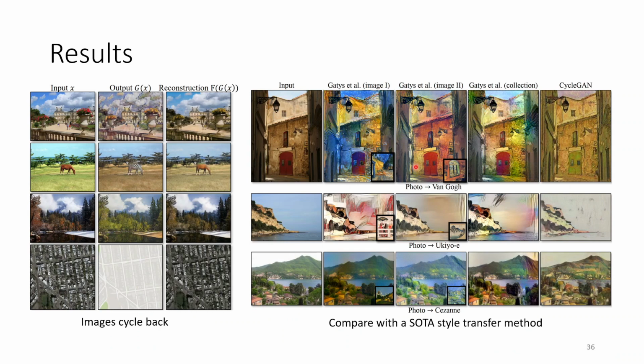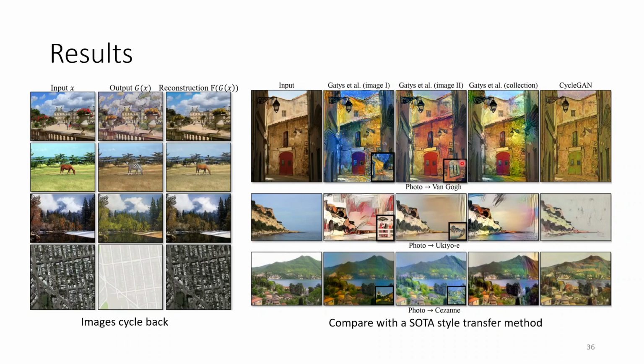Okay. So the Gates method requires a reference style input image. So this is a reference input, and this is the image we want to transfer. So the style comes from this image and the structure from this. This is the result generated by the Gates method.